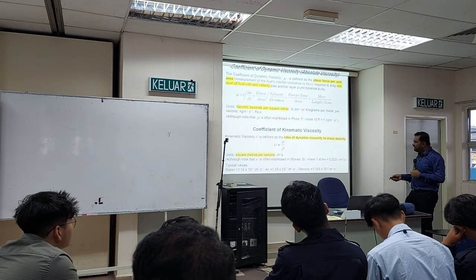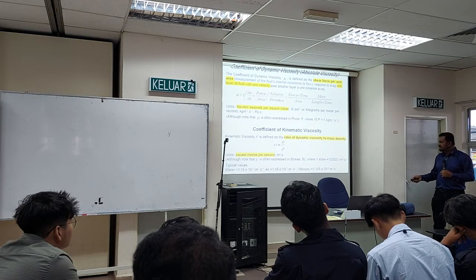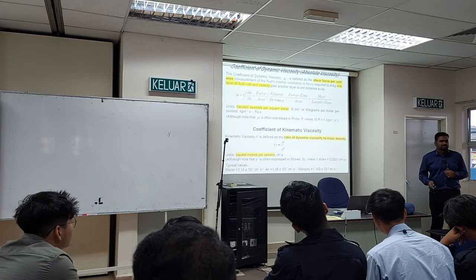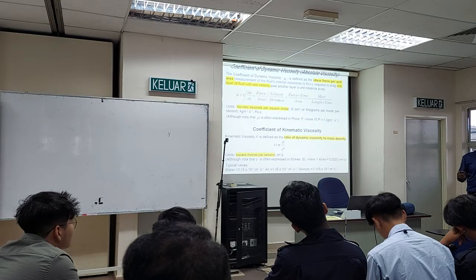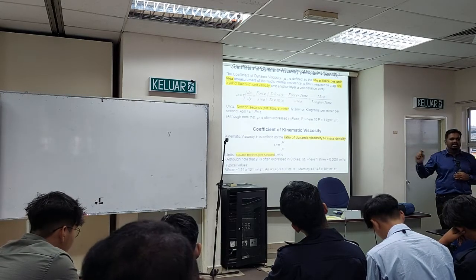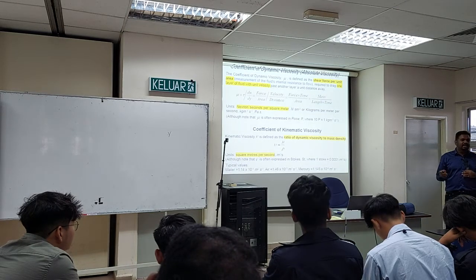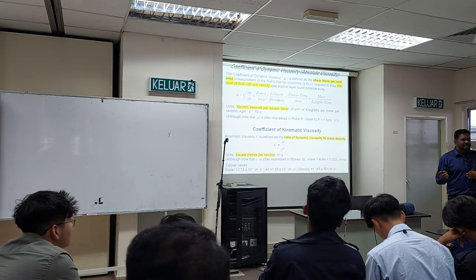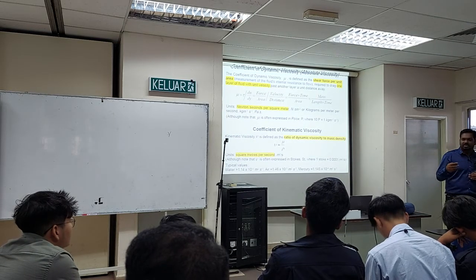The units are meter square over second, and these are some typical values. Explanation is not required for your level; this is just for your understanding, that these kinds of terms exist in thermal science.